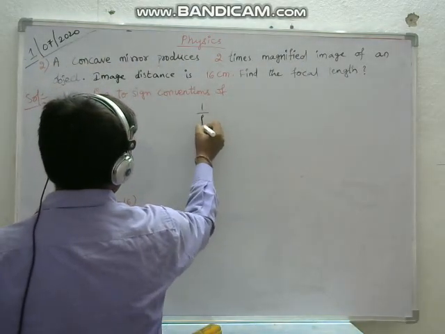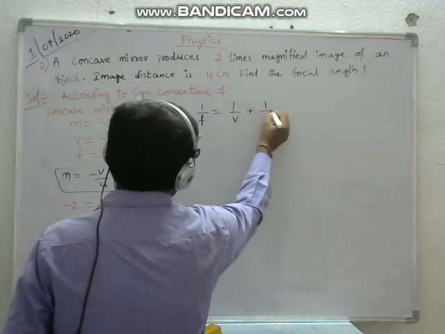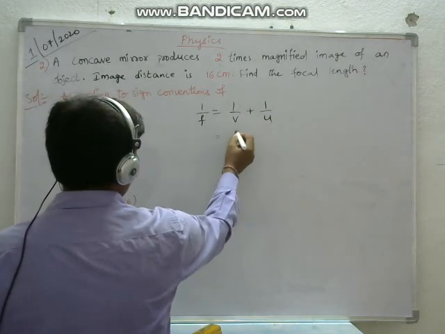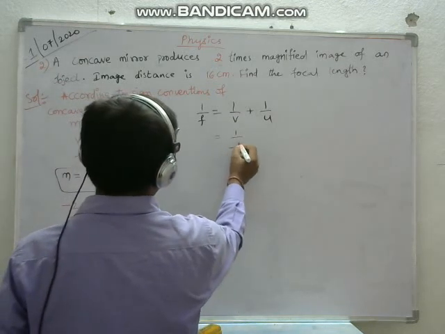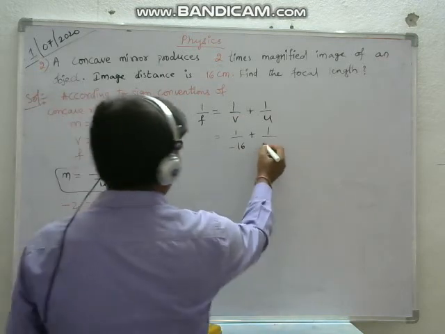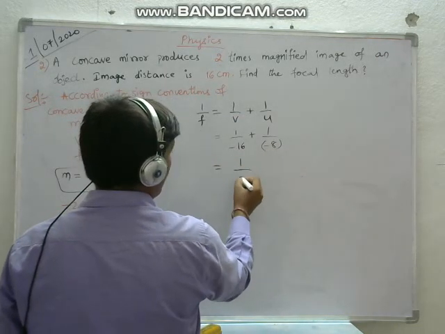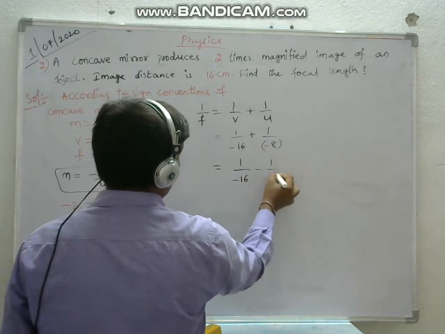So what is the mirror formula? 1 by f is equal to 1 by v plus 1 by u. So already we know the values. 1 by v is what? v they gave as minus 16, plus 1 by u, we got it now, minus 8. Okay, 1 by minus 16 plus into minus 1 by 8.